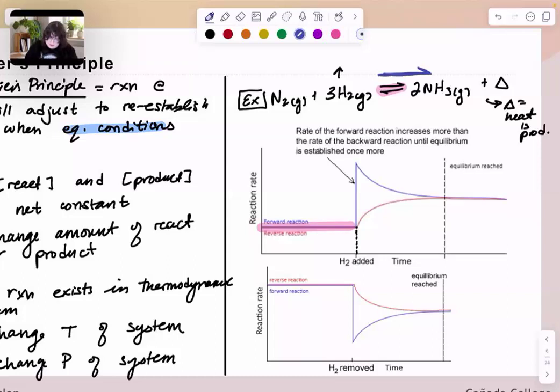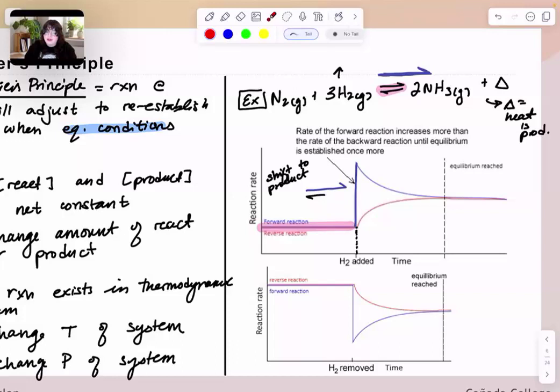So I'm going to draw this big arrow here. This increase is a huge favor toward the production of products. So we call this a shift or a favoring toward product, because the reaction rate of the forward reaction has spiked.